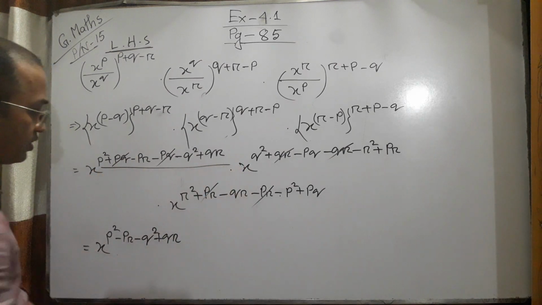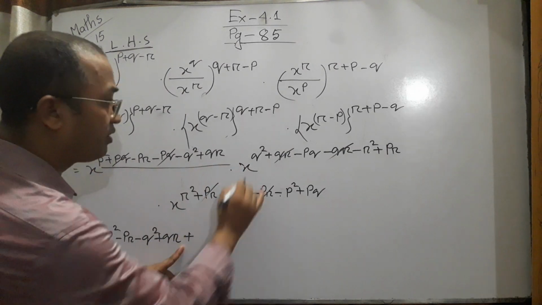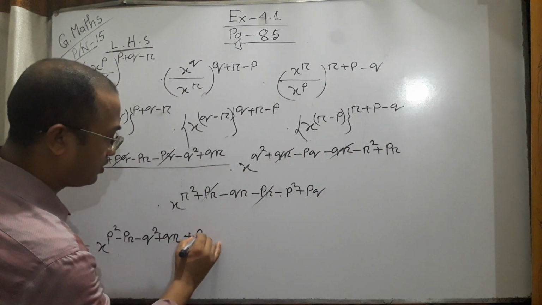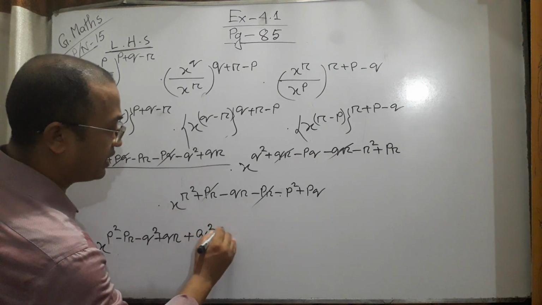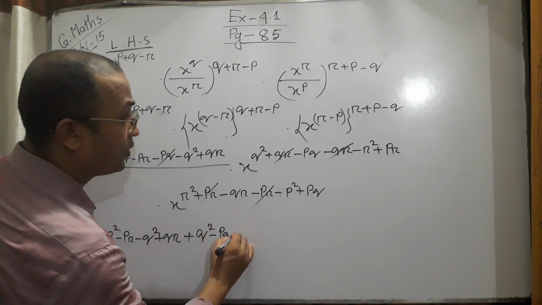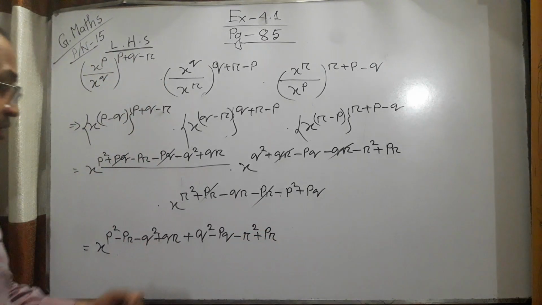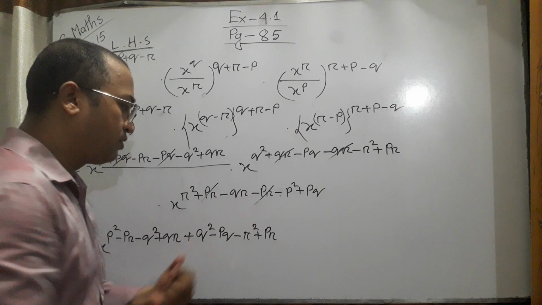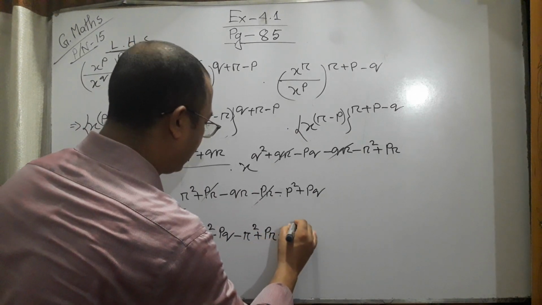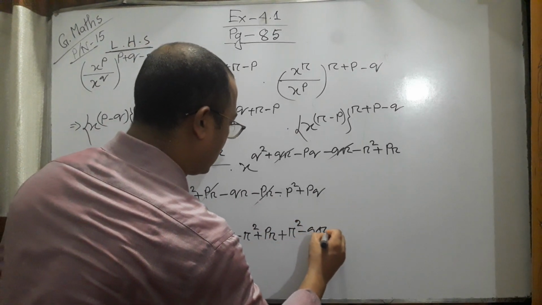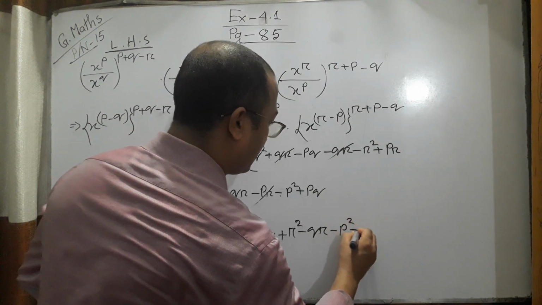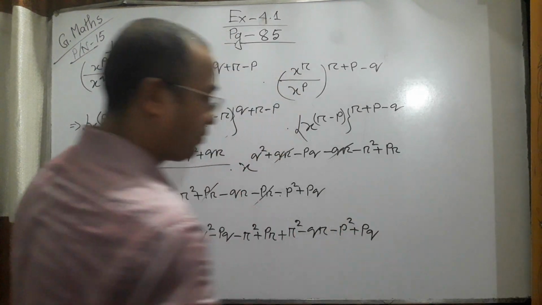This portion plus this portion q square minus pq minus r square plus pr. Now we will add this portion r square minus qr minus p square plus pq.